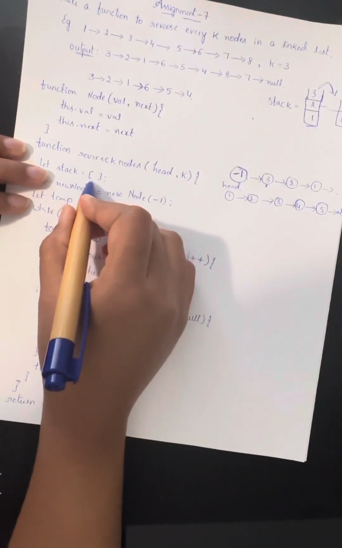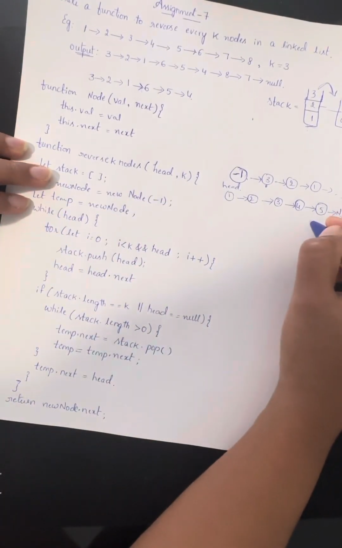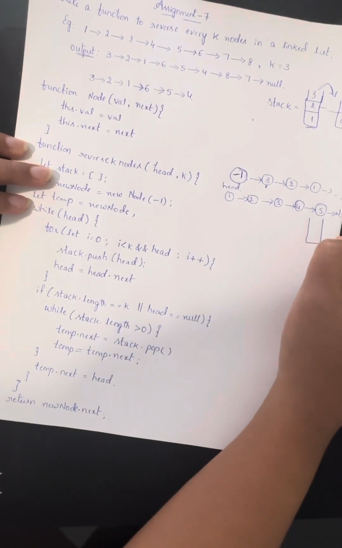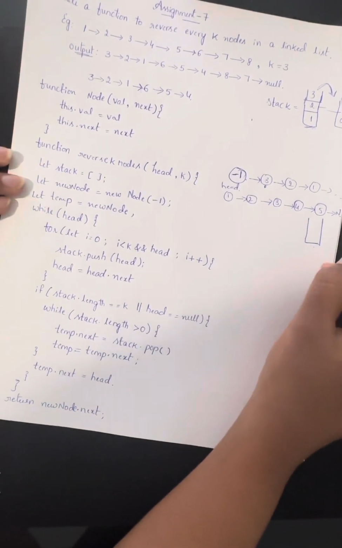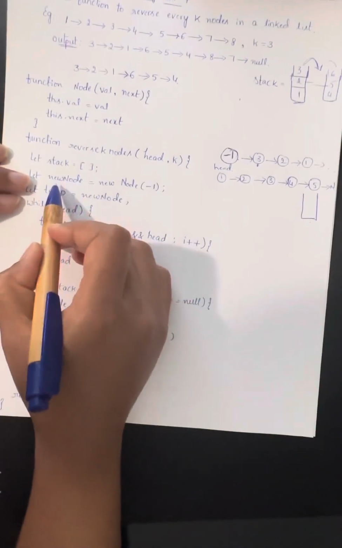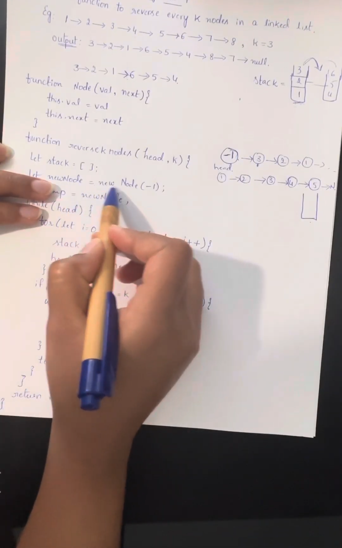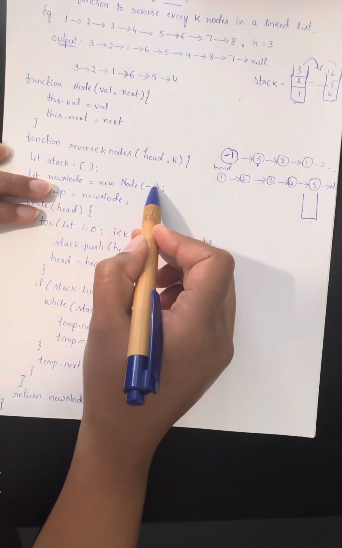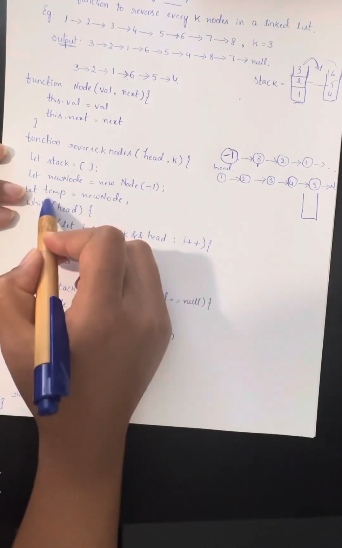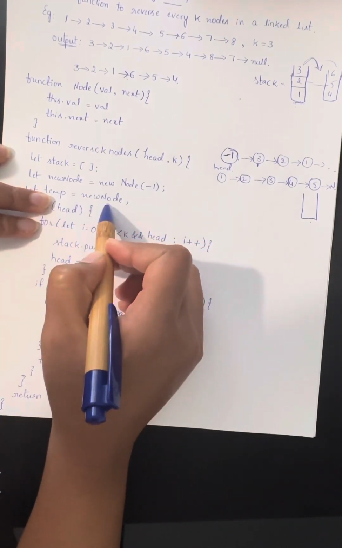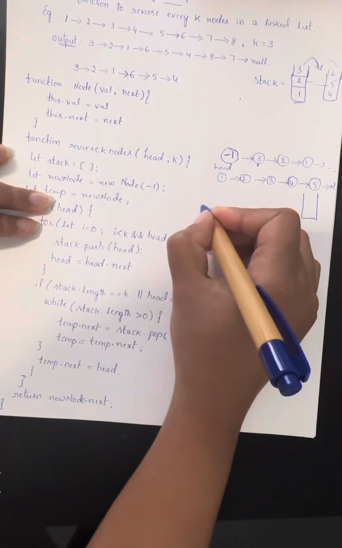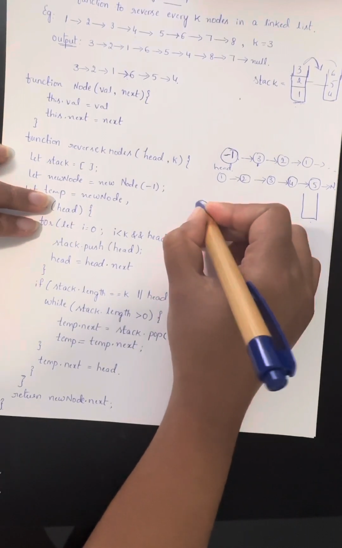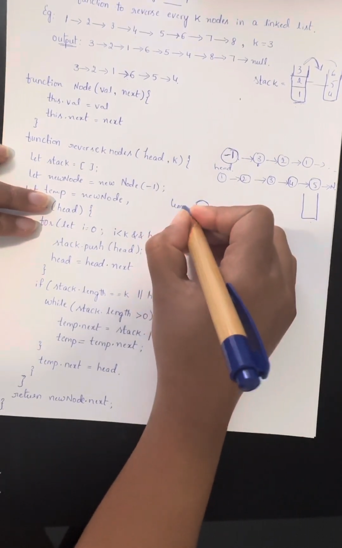Initially what I'm doing is I'm declaring a stack. So let's have a stack here, and in the next step we are declaring a new node whose value is -1, and we are making temp equal to the new node. So initially we have this node in the temp.